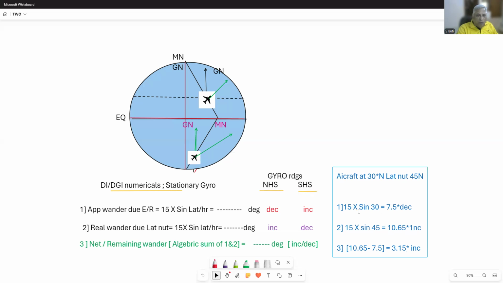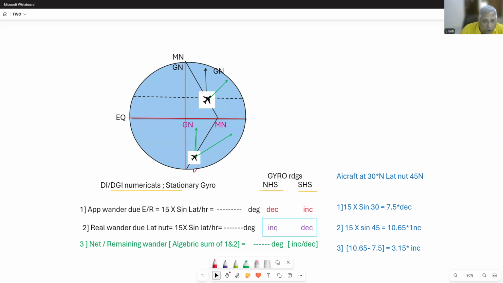Now, if you are flying in the northern hemisphere and latitude nut is also set to the same place, but instead of north, if you have set it south, damage is done. In the northern hemisphere, gyro readings will decrease by 7.5 degrees, and you have set the latitude nut to south, they will further decrease by 7.5, and now your error will become 15 degrees decrease.